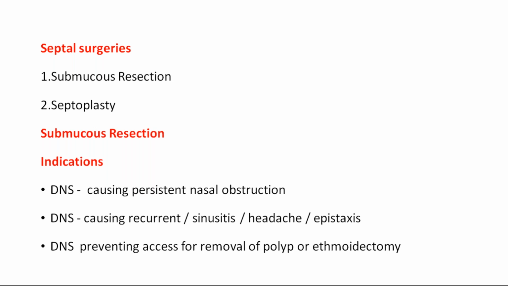So always remember, the incision is always given on the concave side. Why? Because one, you have a lot of space to maneuver. Number two, the mucosa is not stretched like on the convex side, where it is stretched by the deformity. So the chance of tear is comparatively less on the concave side than on the convex side.